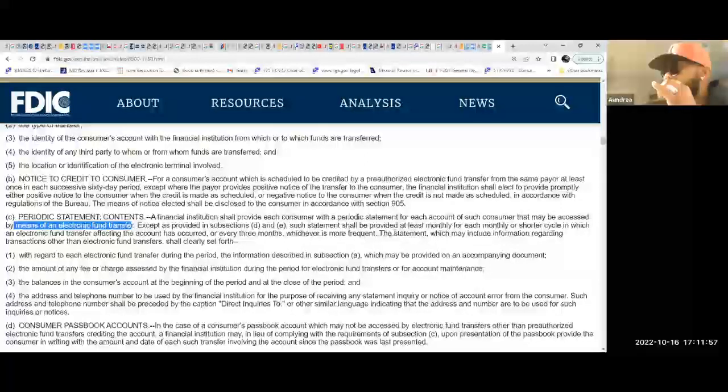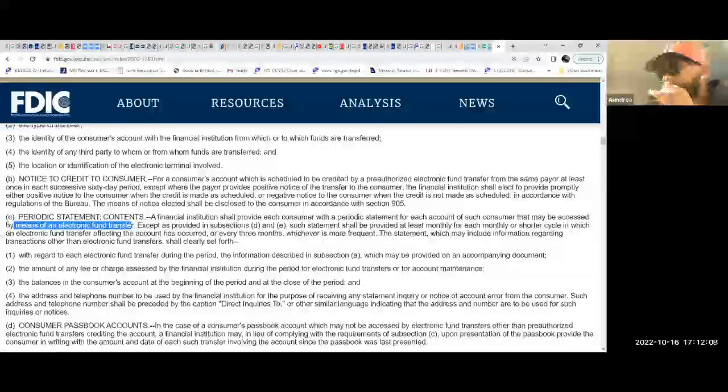Such statement shall be provided at least monthly for each monthly or shorter cycle in which transactions other than electronic funds transfer occur, and shall clearly set forth, one, with regards to each electronic funds transfer during the period, the information described in subsection A, which may be provided on the accompanying document.